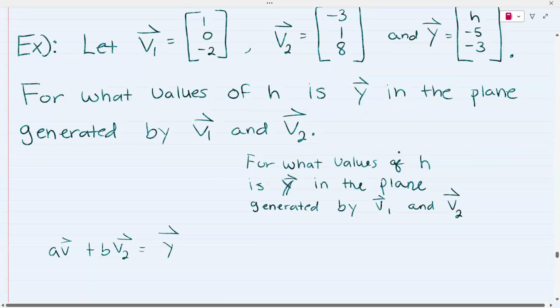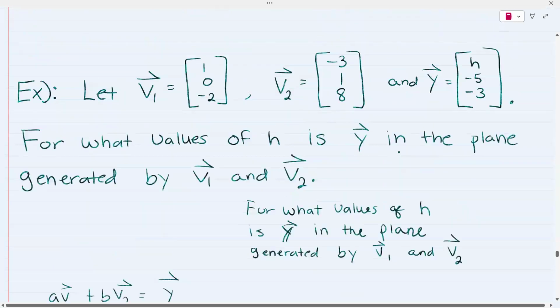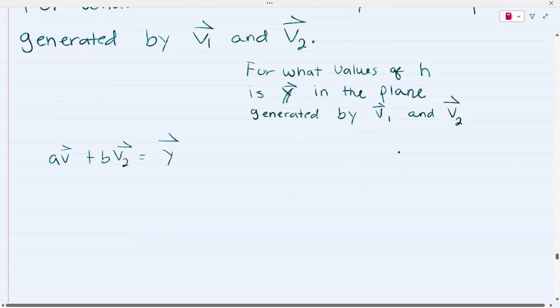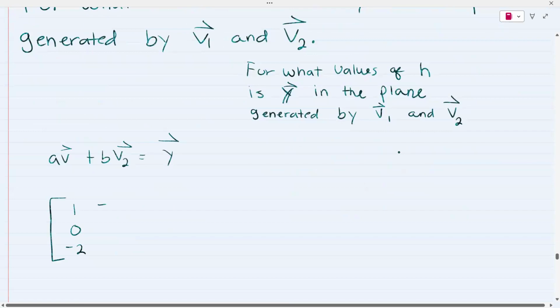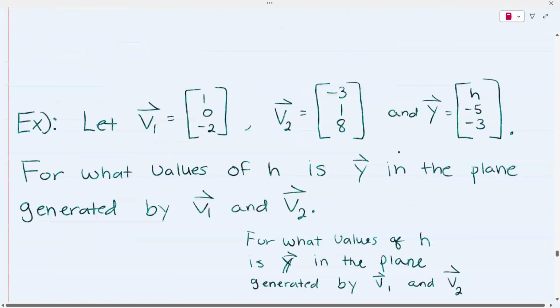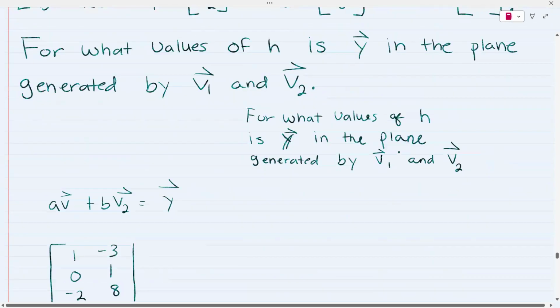So how do we do this? We're going to write it out as a matrix. Our matrix would be expressed as 1, 0, -2, and then -3, 1, 8, and then a straight line because we need that equal sign, and it's going to equal h, -5, and -3.